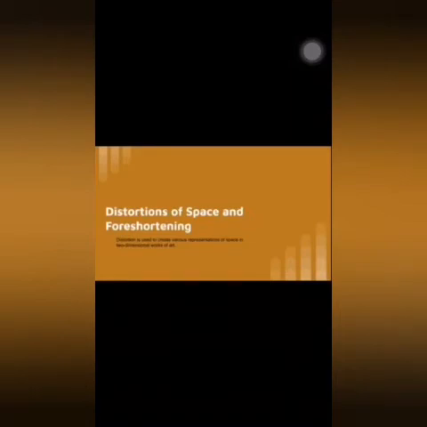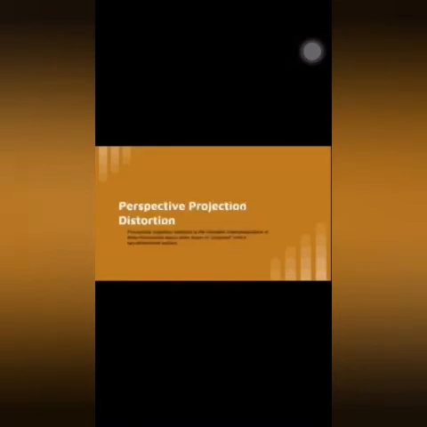So we have here perspective projection distortion. It is the inevitable misrepresentation of three-dimensional space when drawn or projected onto a two-dimensional surface. It is impossible to accurately depict three-dimensional reality on a two-dimensional plane.